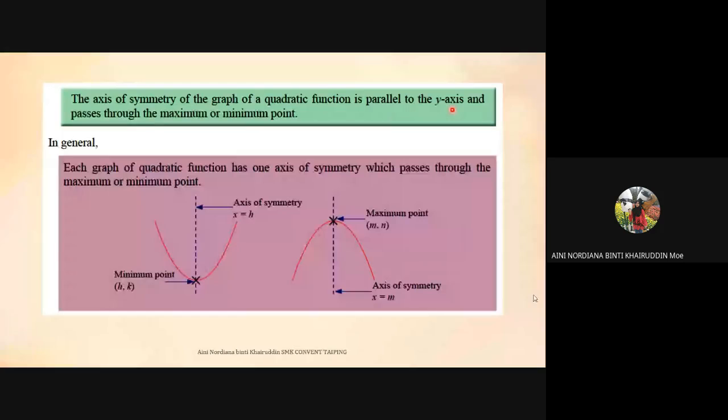Okay, as you can see here, x equal to h, the equation of the straight line axis of symmetry. You dah belajar kan masa form 3 chapter 9 straight line. So x equals to h.